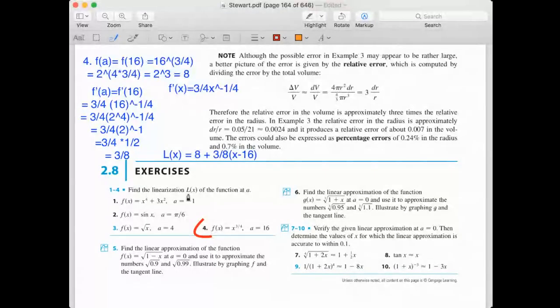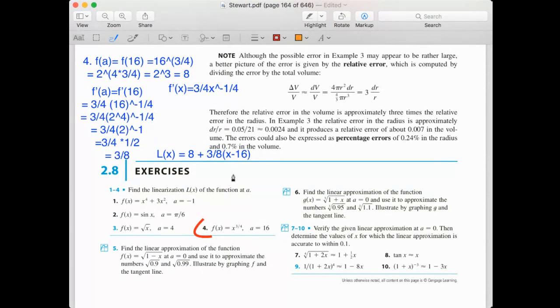That's the linear approximation L of x for this function at the point 16, when a equals 16. a is just one nice value of x. So this is our linear approximation for the fourth root of x. Let me just leave it here.